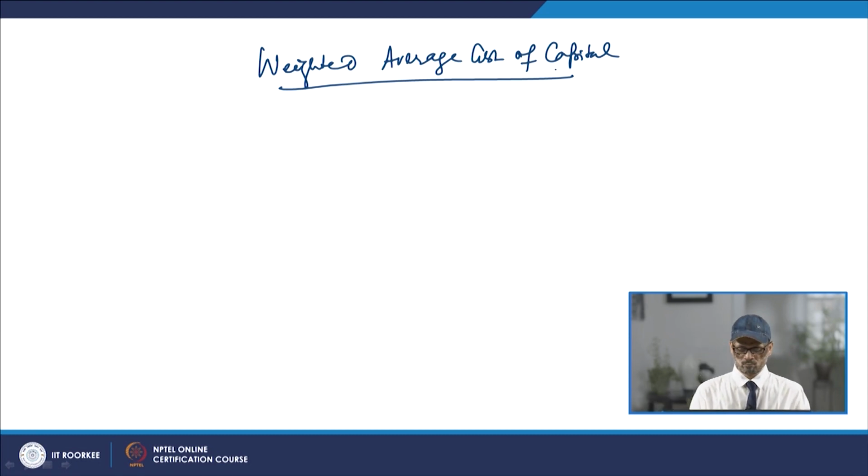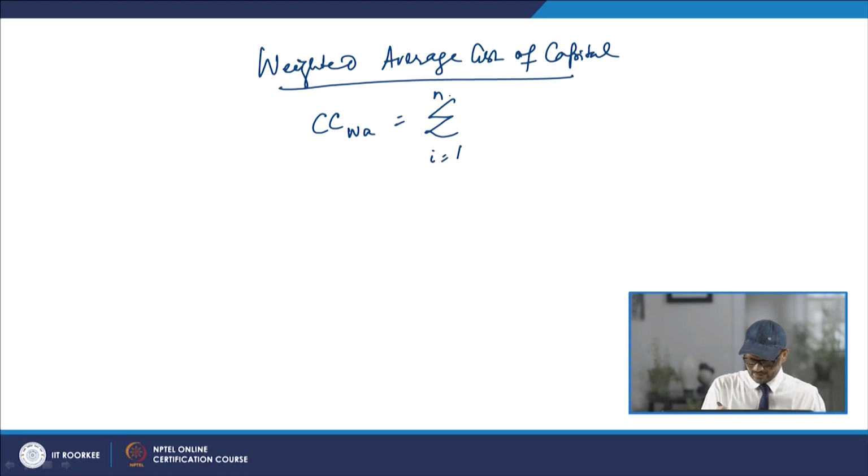In this case the cost of capital weighted average will be a summation of i equal to 1 to n, of WiKi.